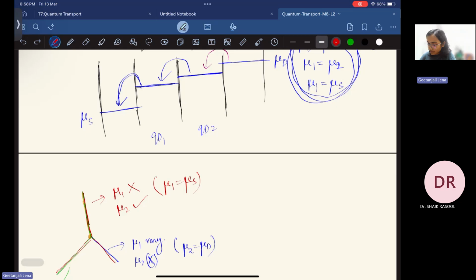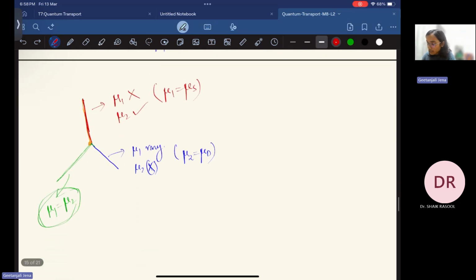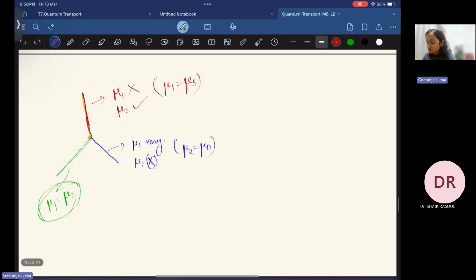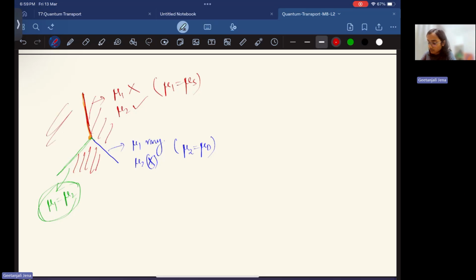So now let us find out what is the area that should give the non-zero value of the current. Whether the area under this graph is showing the charge transport, or the area left to this, sorry, left to this or right to this. So we'll see which of these areas will show the charge transport.